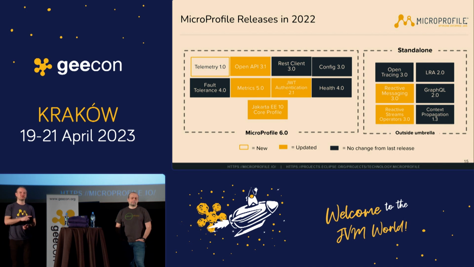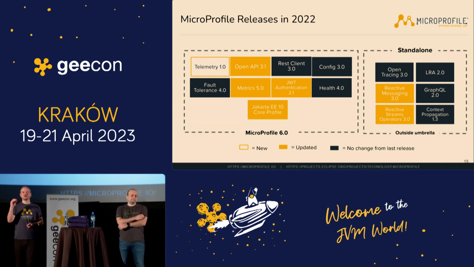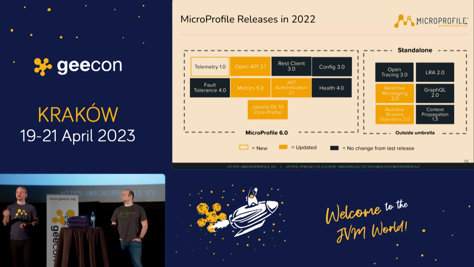Config is also really interesting because there are ongoing discussions whether config should also be ported back into Jakarta EE. Whenever you need to inject environment variables into your application, things like different URLs in different environments, different feature flags, all of these things, you can do that using MicroProfile config, which is also useful outside of pure microservices.